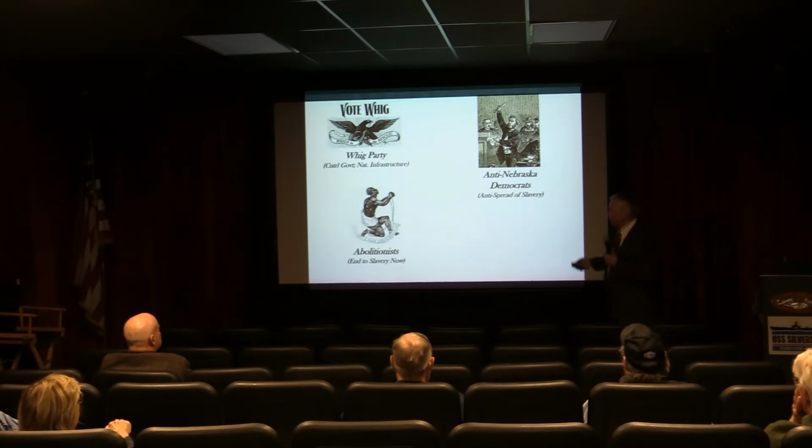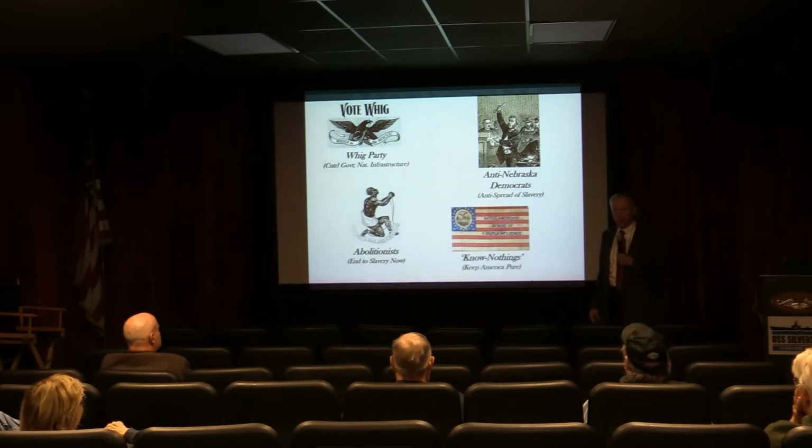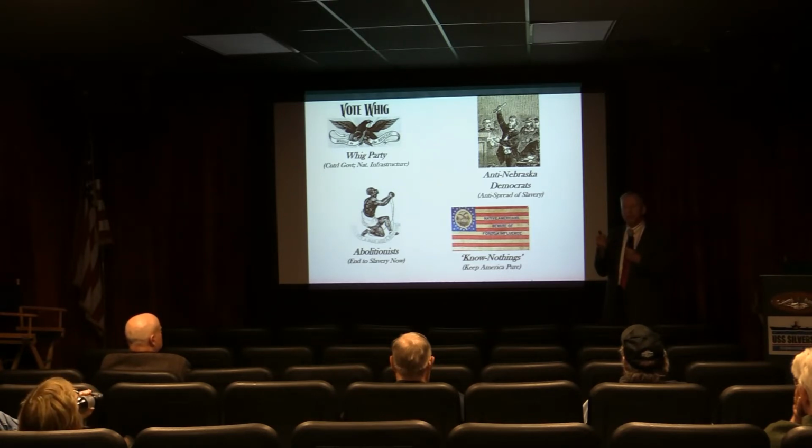And finally, the Know-Nothings. This was a group that was formed of people who were staunchly Native American. You might compare them to the Klan. They were very much in favor of white America for white people, no Catholics, no blacks, no slavery, just make it very, very white.